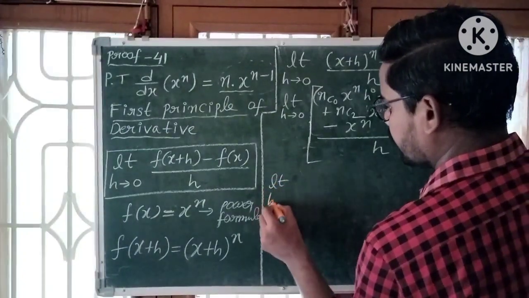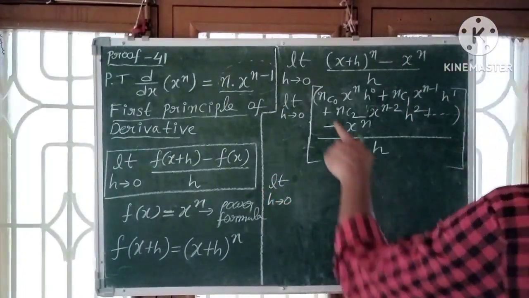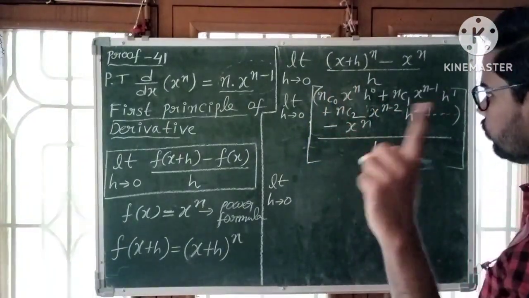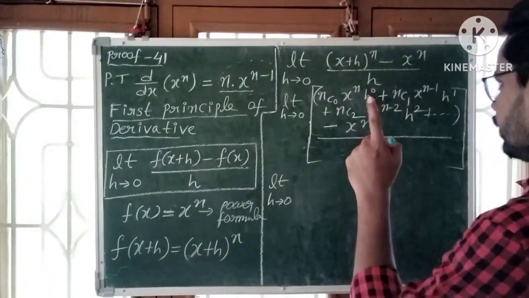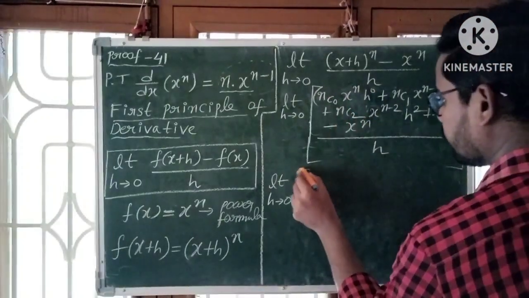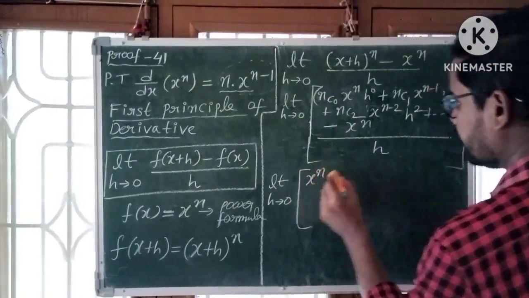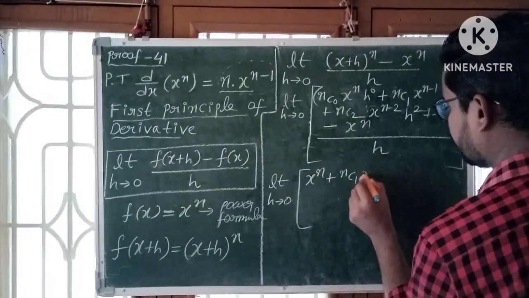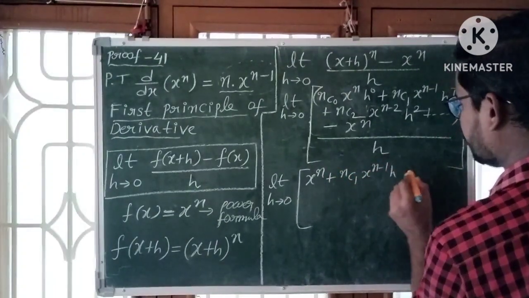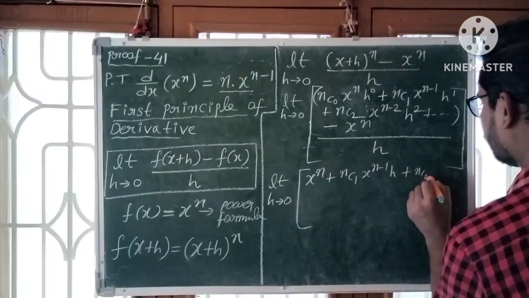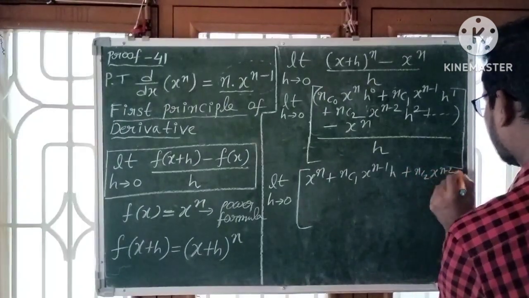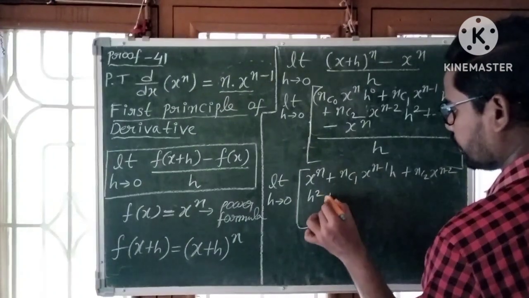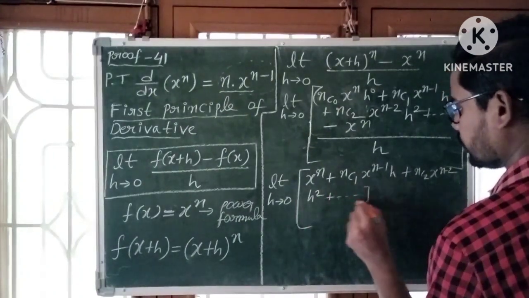Limit h approaches 0. nC0 binomial coefficient value is 1, h power 0 is 1. So 1 into x power n you will get x power n, plus nC1 into x power n minus 1 into h, plus nC2 x power n minus 2 into h square, plus so on.